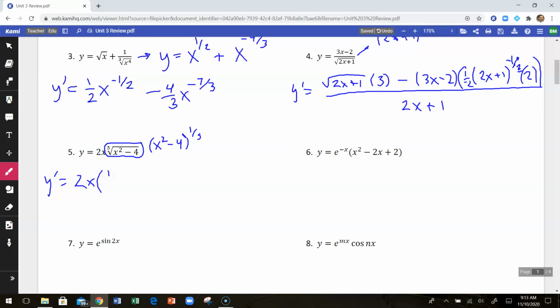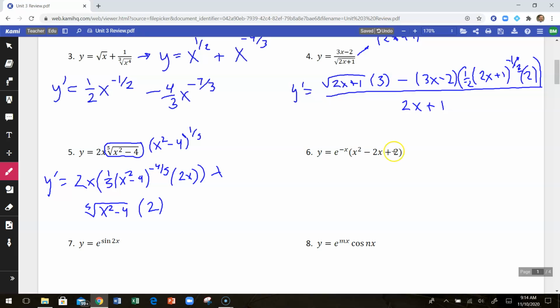Again, derivative of the second is going to be 1/5 x squared minus 4 to the negative 4/5, chain on the derivative of the inside, which is 2x. So we have the first times the derivative of the second plus the second, which would just be the 5th root of x squared minus 4, times the derivative of the first, which is 2.